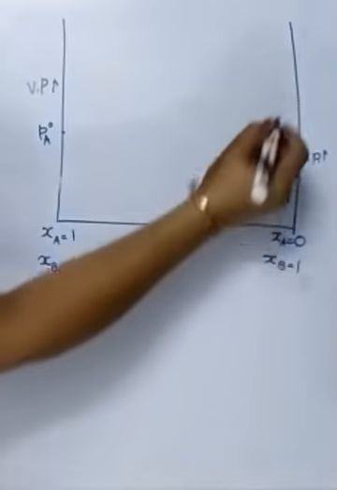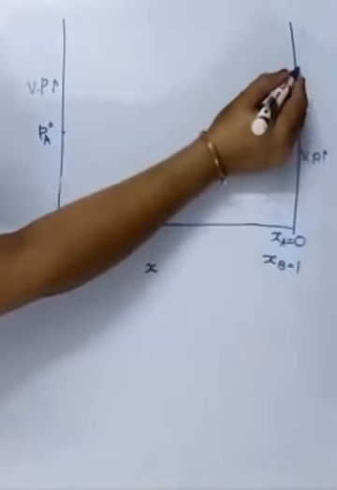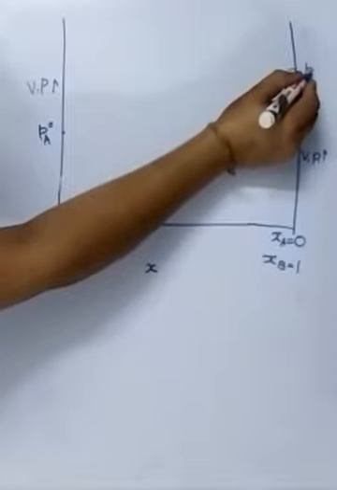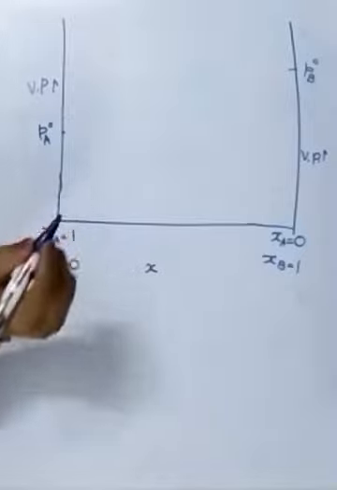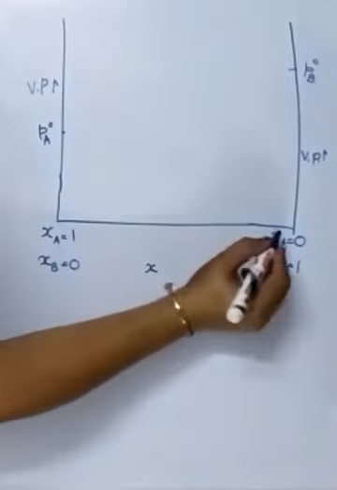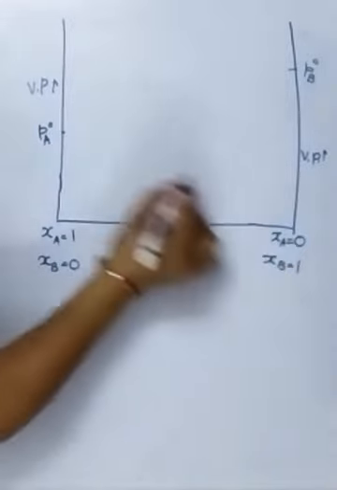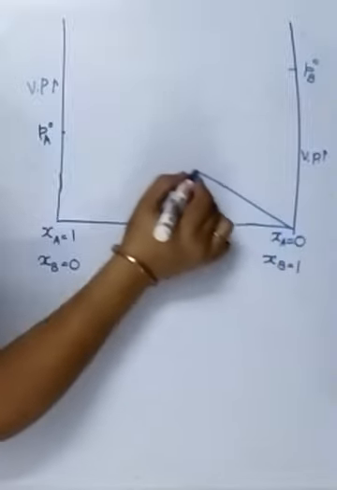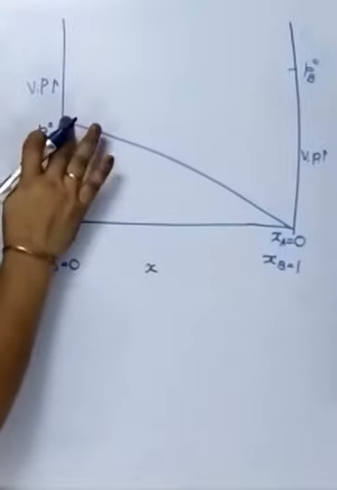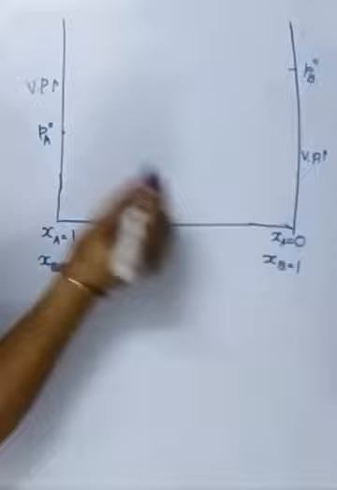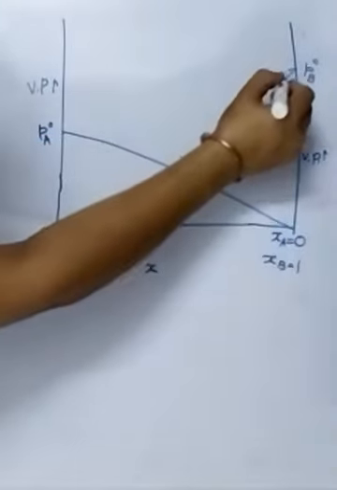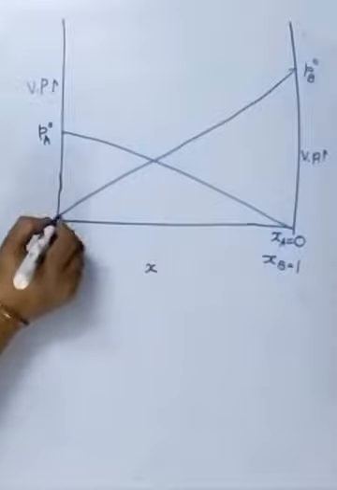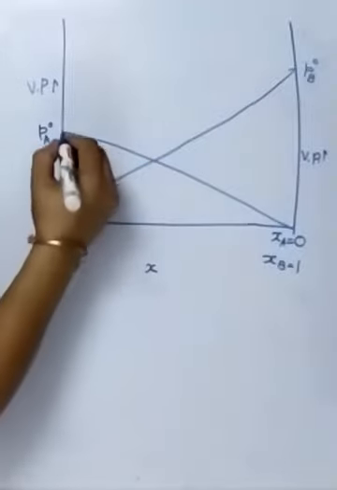When XB equals 1, XA is 0, whatever vapor pressure is there, that is due to the B component. So we'll see with the increase in vapor pressure, there will be an increase in the mole fraction. So this is as per Raoult's law.